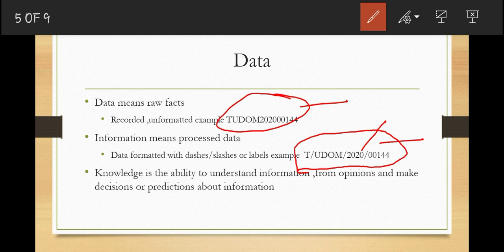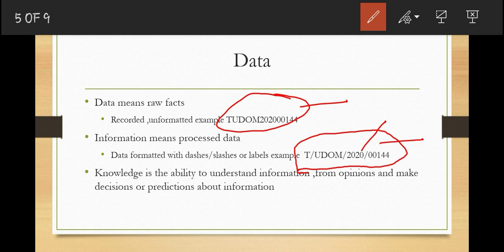So to differentiate between data and information, information is processed data. That means data that is formatted with, let's say, dashes, and it has a label that explains what that data means.